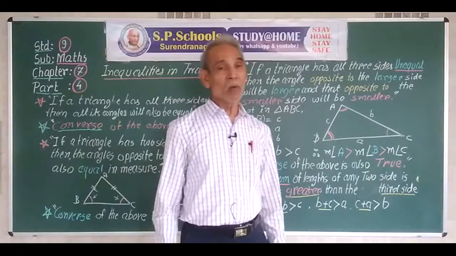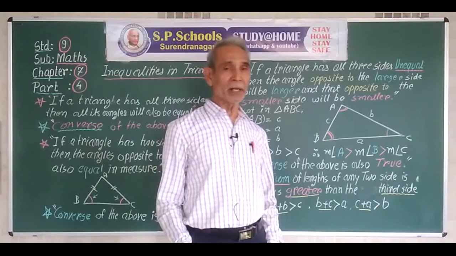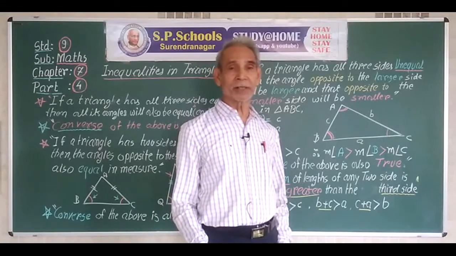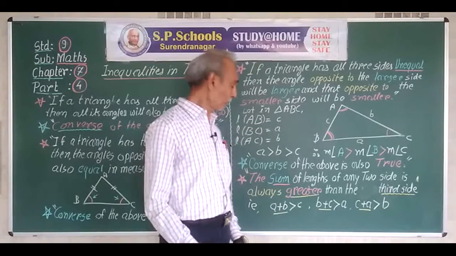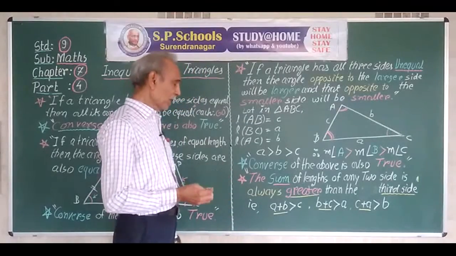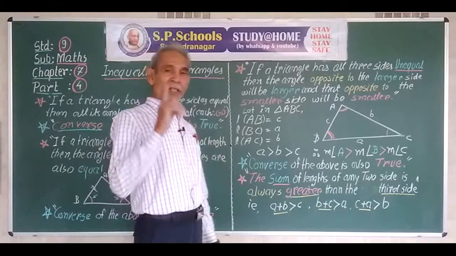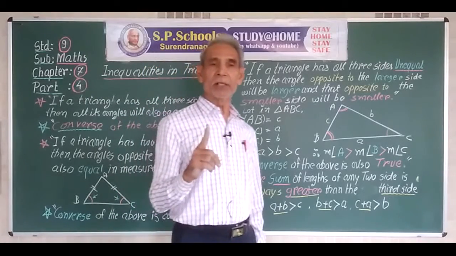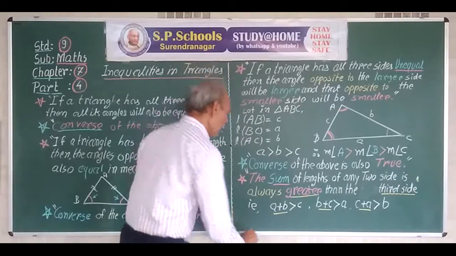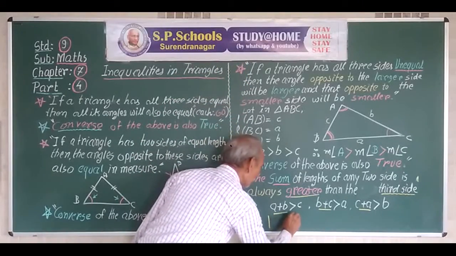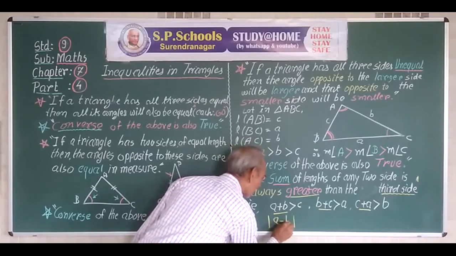Now, what about the difference of the lengths of any two sides? It is a very important peculiar point. The difference should be a positive difference. The positive difference we write as a minus b.